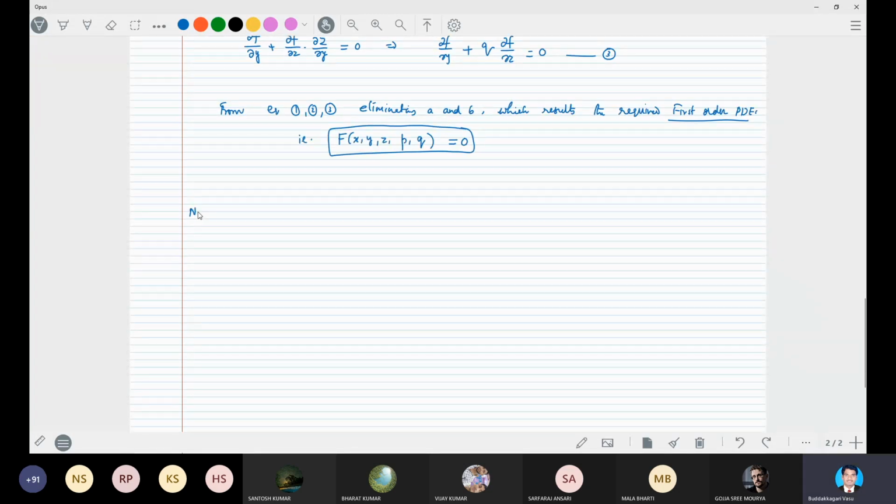One is very important, that is, if the number of arbitrary constants is equal to the number of independent variables, then the resultant PDE is of order 1, that is, first order.